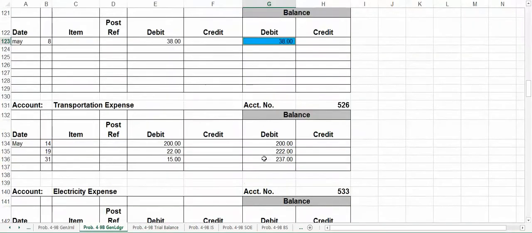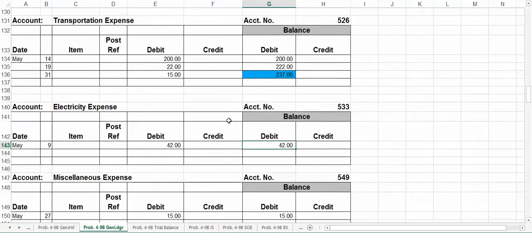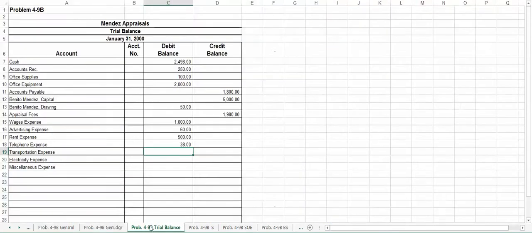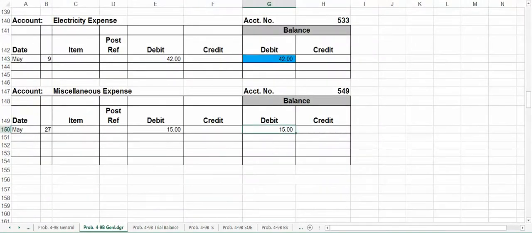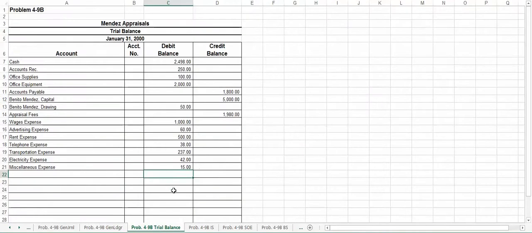Transportation expense is 237, and then 42. And then 15 for our miscellaneous expense. So now we need to total the columns.